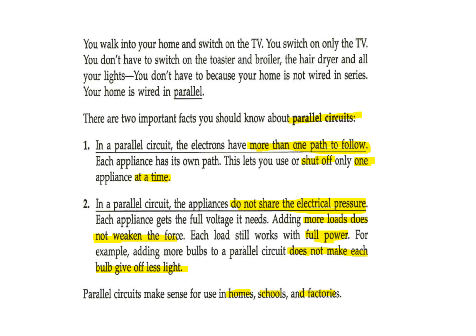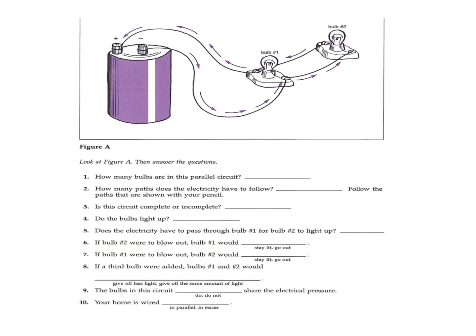Okay, let's take up this booklet. If you look at this, look at the pattern. Here's the electricity coming. That's one way. Or I'm just going to skip this light bulb and go this way.